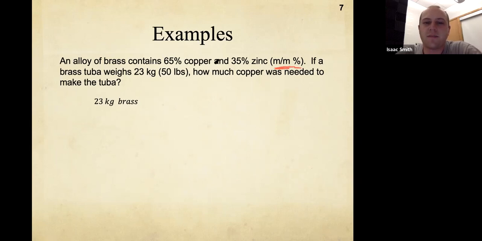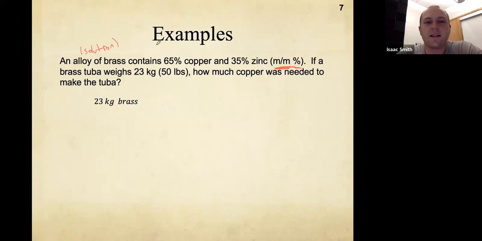So when you see 65% copper, in this case the solution is not in water. We learned about two definitions of solutions. One is a solute dissolved in water or a certain liquid. Another solution could just be two or more elements that are mixed together. An alloy, for example, is a solution of two metals mixed together.